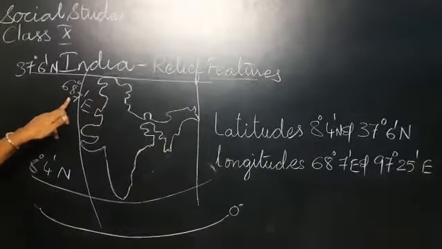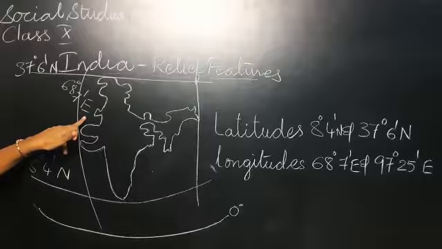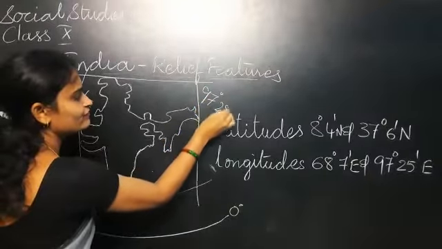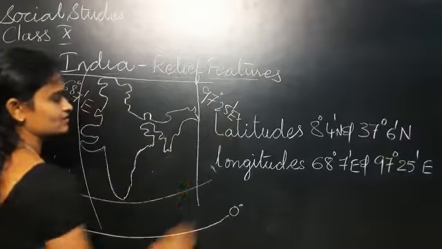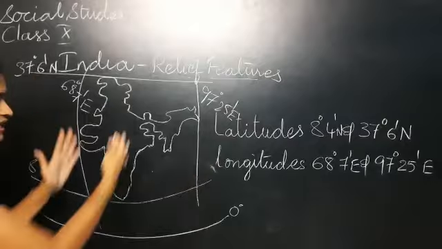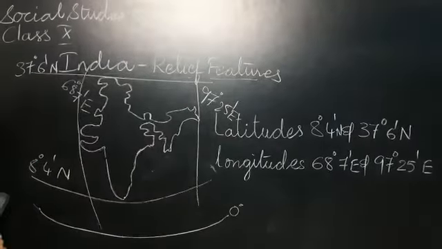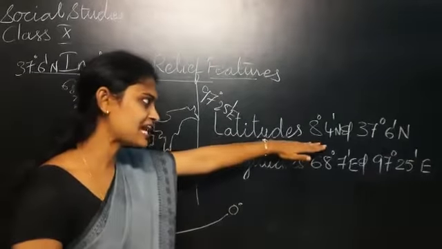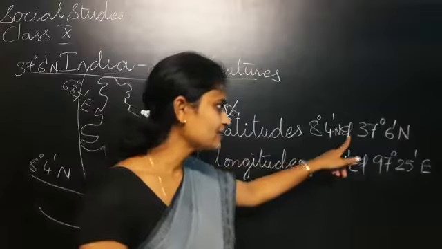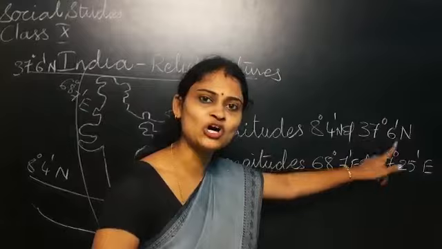Between 68 degrees 7 minutes east longitude and 97 degrees 25 minutes east longitude. Between these longitudes, India is located. It is located between these latitudes, 8 degrees 4 minutes north and 37 degrees 6 minutes north latitudes.